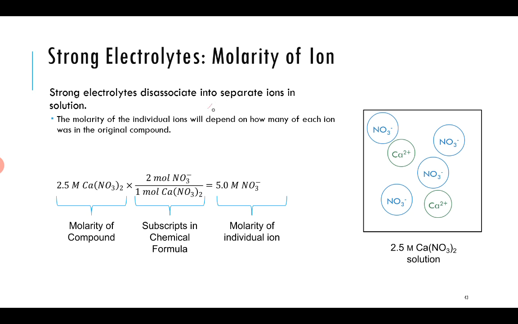Another thing to note is that strong electrolytes completely separate in solution. That's the definition of strong electrolytes: they completely separate into ions. So if you have a strong electrolyte in solution, it's going to break apart into ions.